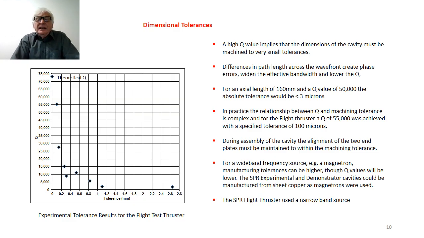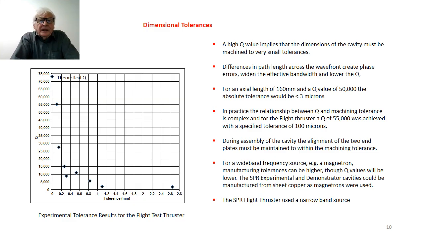This again is to minimize the path length differences across the wavefront. We've said they create phase errors, they lower the Q, and interestingly they widen the effective bandwidth of the operation of the cavity.